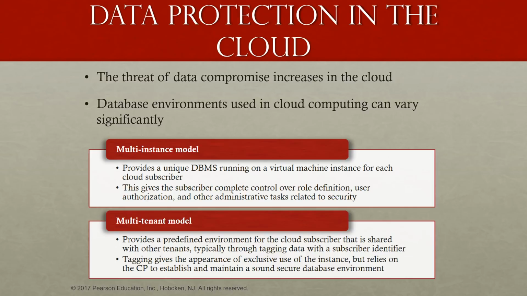Finally, unauthorized parties must be prevented from gaining access to sensitive data. The threat of data compromise increases in the cloud due to the number of and interactions between risks and challenges that are either unique to the cloud or more dangerous because of the architectural or operational characteristics of the cloud environment.